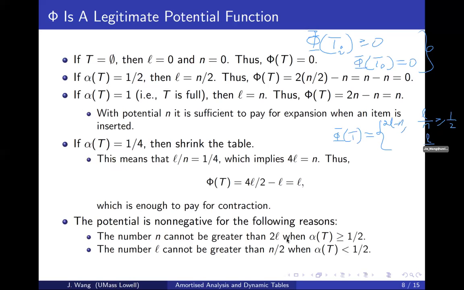If L of n is less than 1/2, it's n over 2 minus L. Okay, so at the beginning there isn't anything, so we don't have a table.